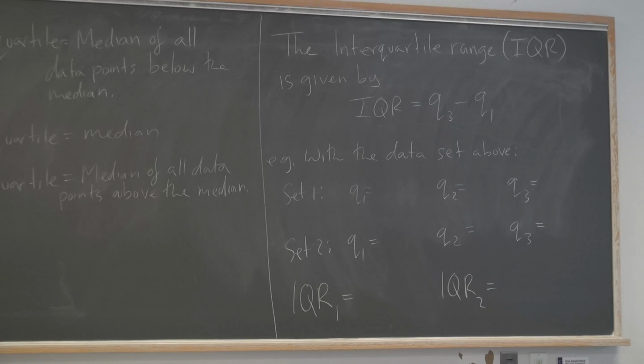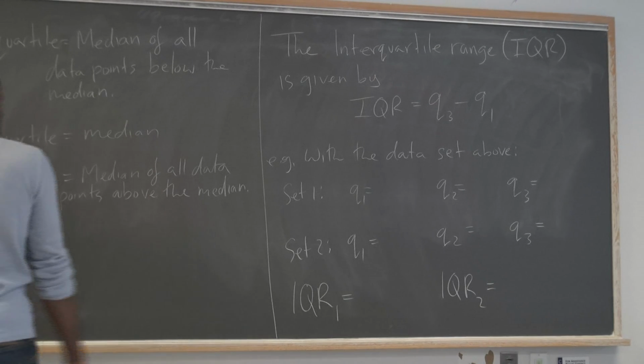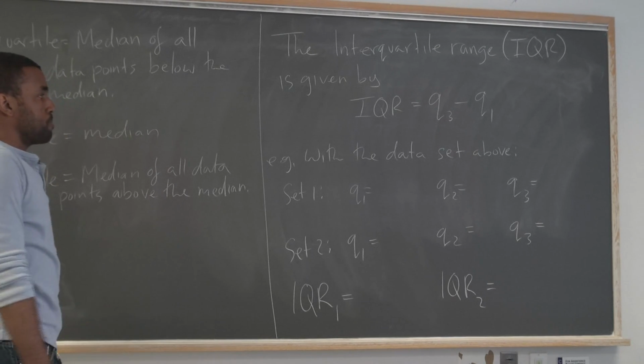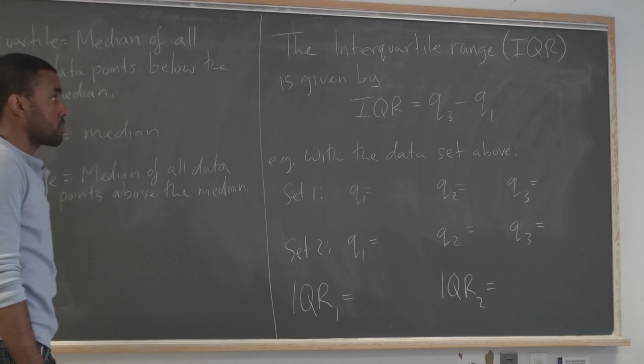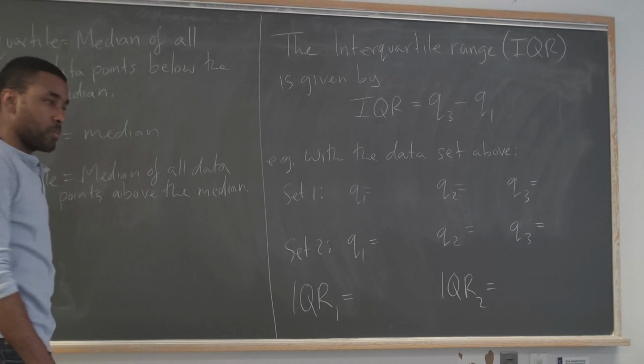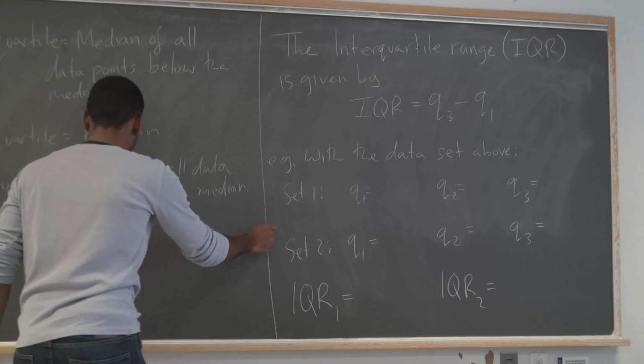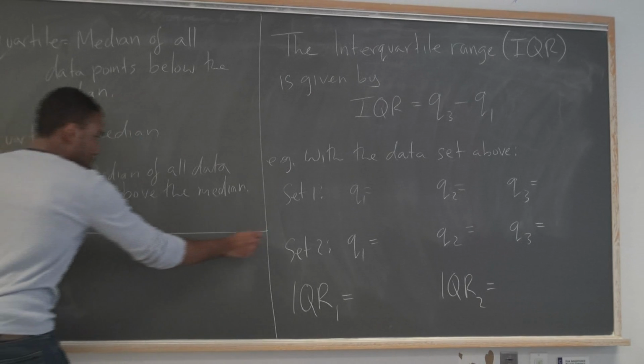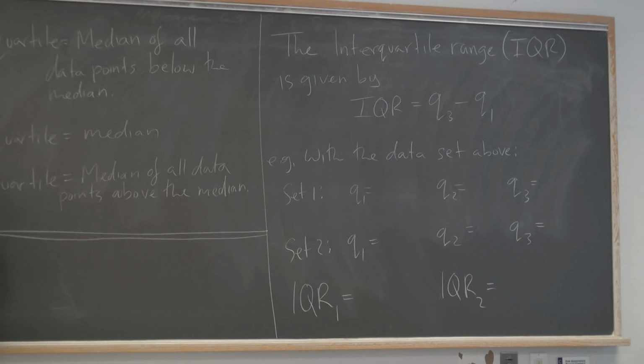Okay, using this data set, the one I wrote down over here, these two grids. Let me just rewrite it so you can write it in. Set 1, set 2.